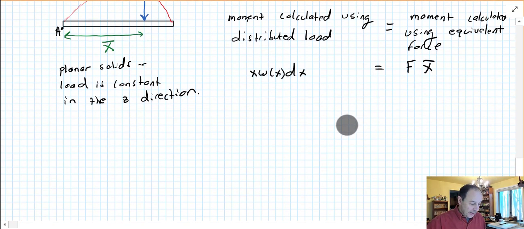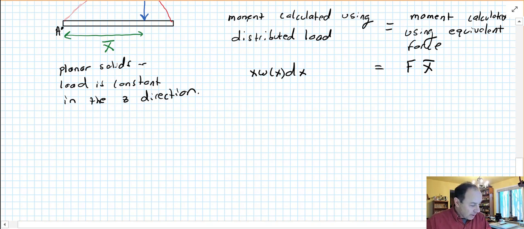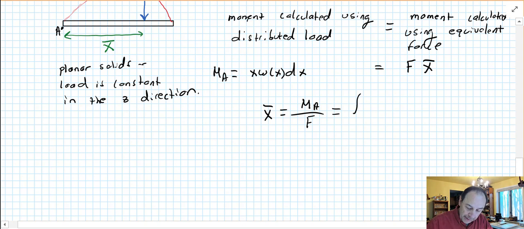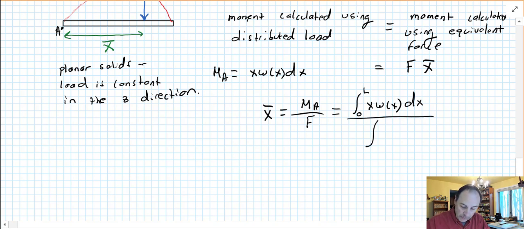Okay, so we can manipulate this around, and we get that distance is the moment divided by the force, and the moment for the whole thing is the integral from 0 to L of x times the weight function dx, all over the integral from 0 to L of the weight function.